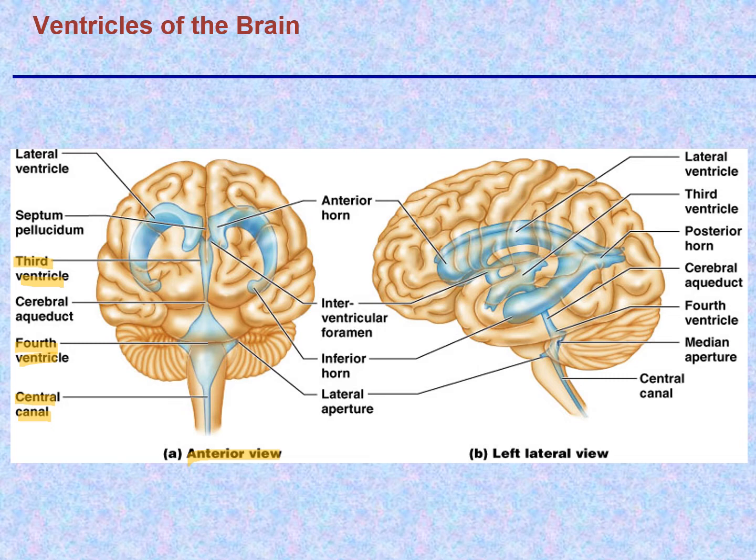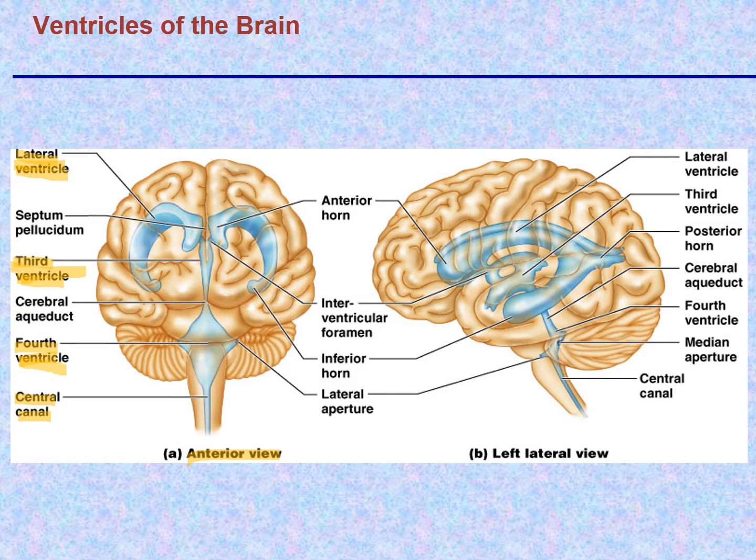The tissues surrounding the third ventricle form the diencephalon, and then you have these paired C-shaped lateral ventricles, one on each side. So two C-shaped lateral ventricles, a third ventricle, and a fourth ventricle, all fluid-filled spaces.